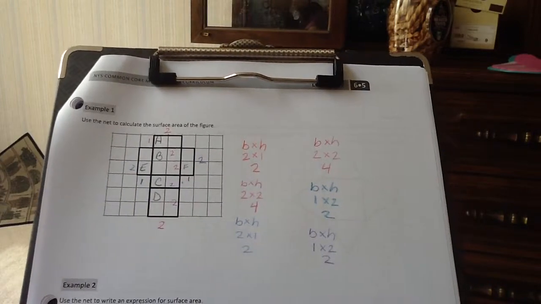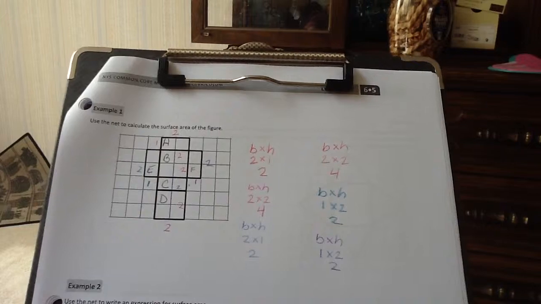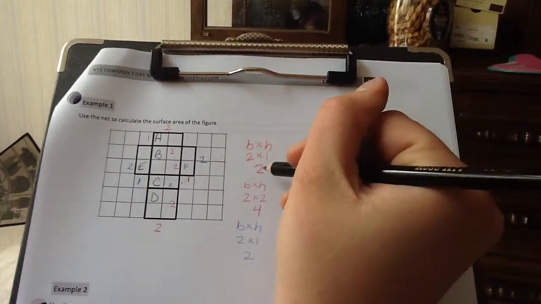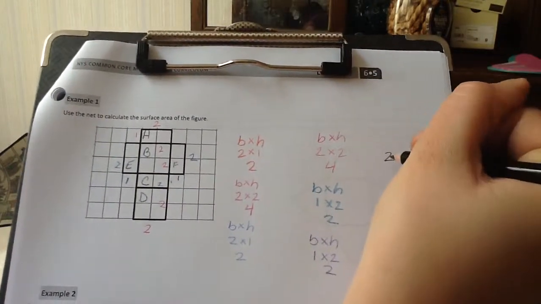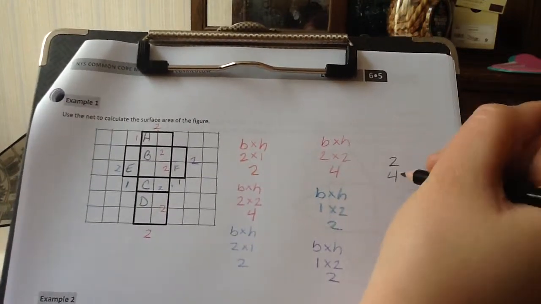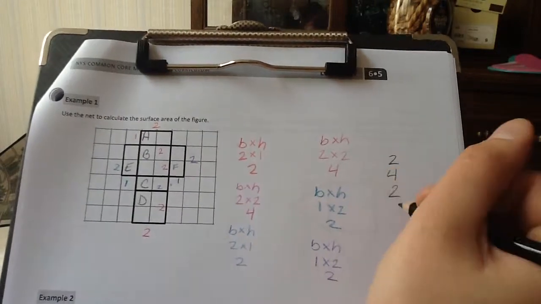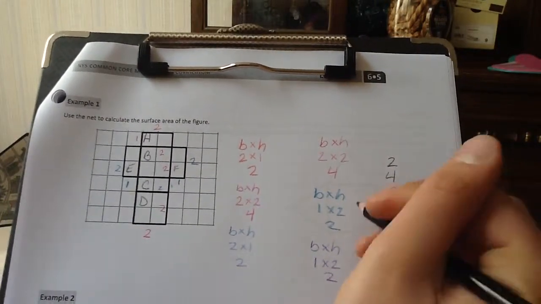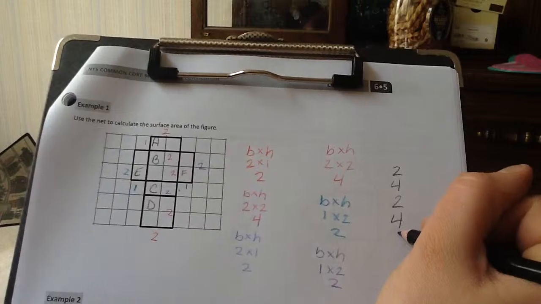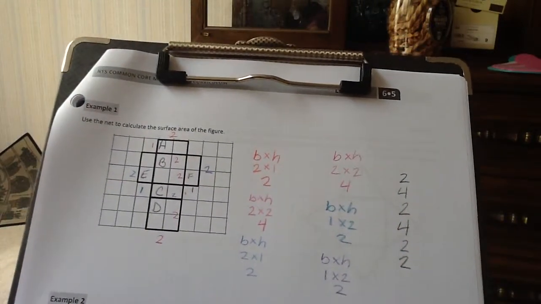So in order to do that, I'm going to add up the 6 areas I have for each of the individual shapes. So shape A was 2 units squared, shape B was 4 units squared, shape C was 2 units squared, shape D was 4 units squared, shape E was 2 units squared, and shape F was 2 units squared.